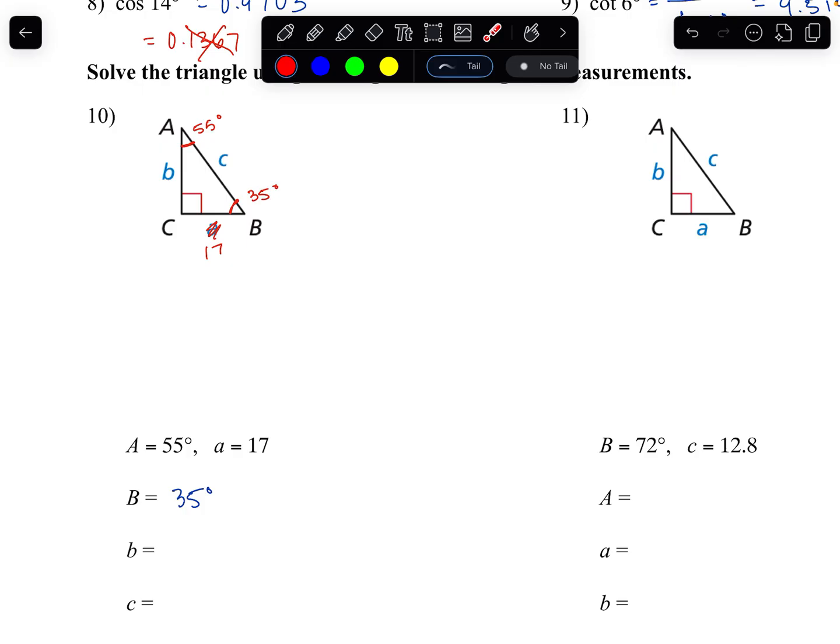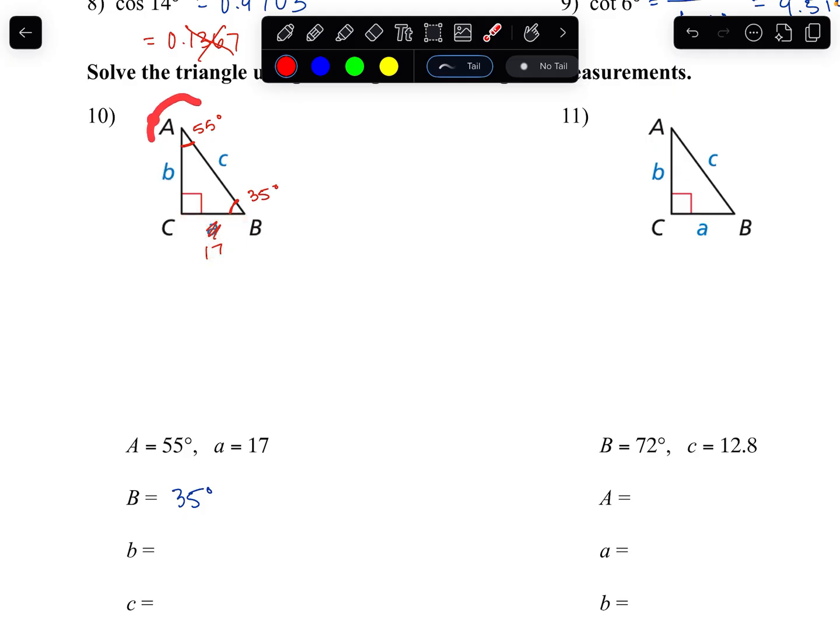It doesn't really matter, since we do know angle A and angle B, we can pick either one. If I pick angle A, the one side that I have is opposite, so I have to use tangent or sine in order to solve for either B or C. If I want to use angle B, I would have to use either tangent because I have the adjacent side, or cosine.